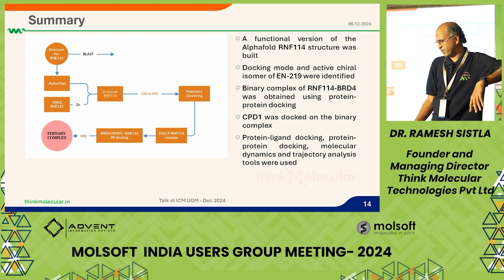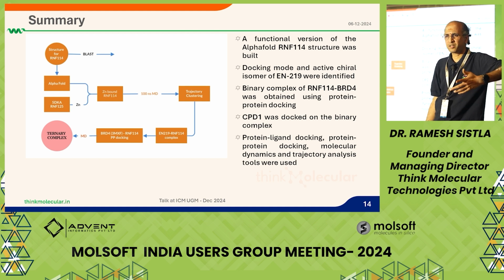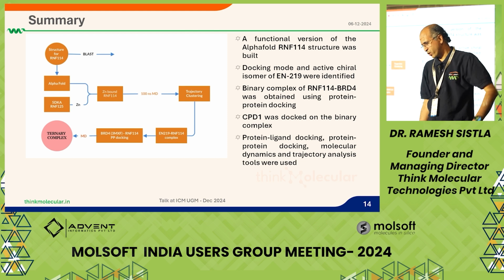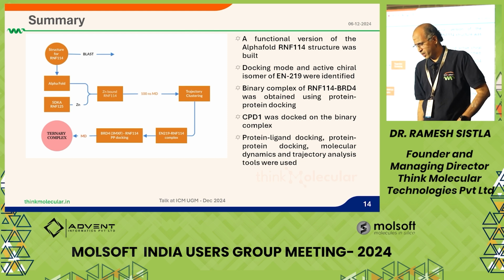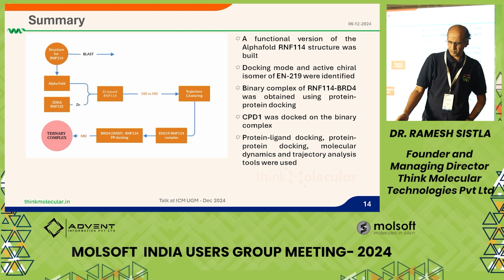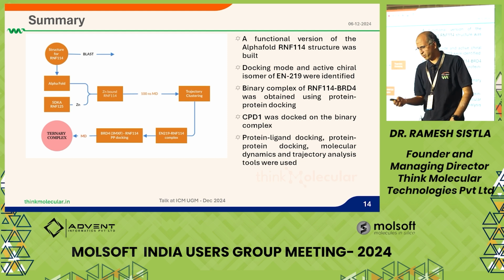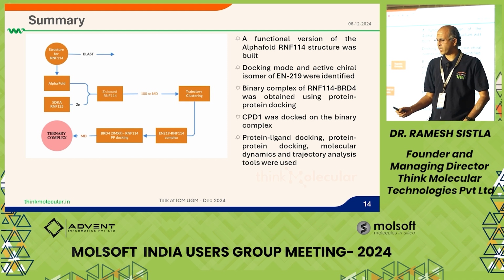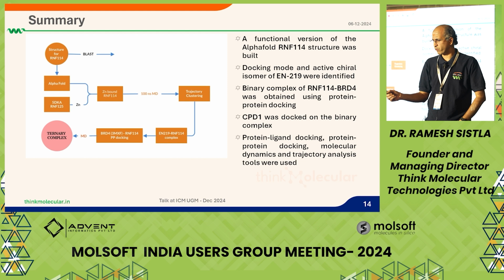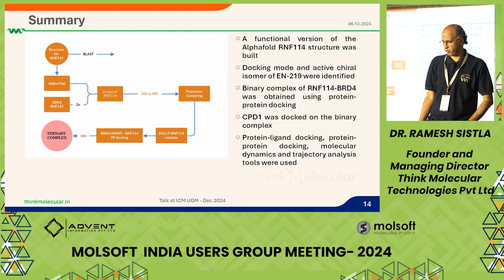This ligase has a covalent cysteine in its binding pocket, and there is no structure actually reported for RNF114. This group reported an inhibitor called EN219 that could bind to RNF114.